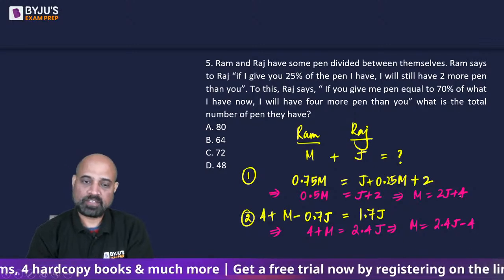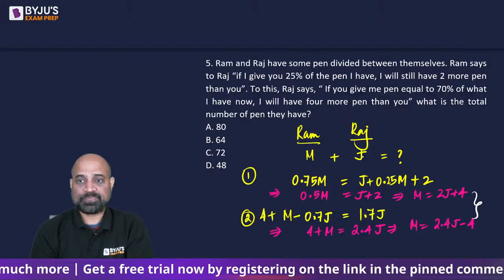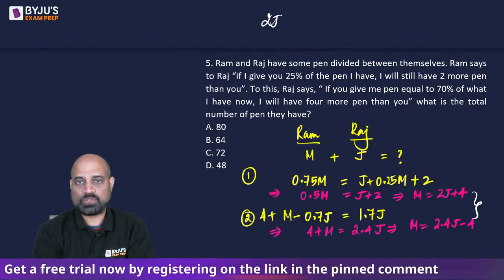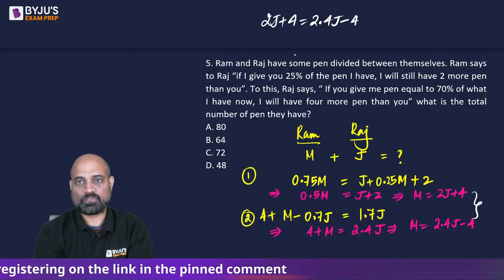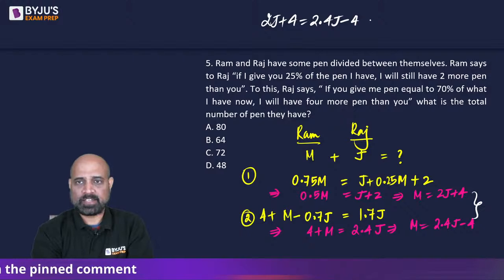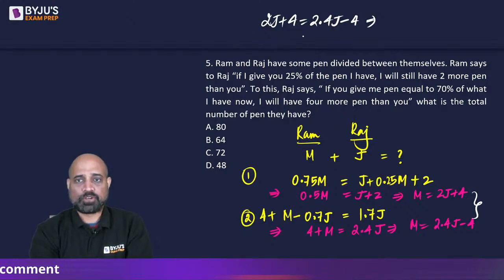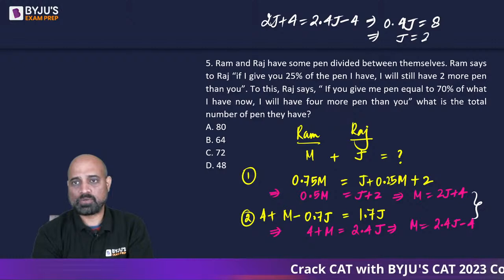Now, if we try to solve this by equating M, I will get 2J plus 4 is equal to 2.4J minus 4. Why I have done this is so that you can see what will come out. We could have skipped this particular step. We will get 0.4J is equal to 8, or we will get J is equal to 20.